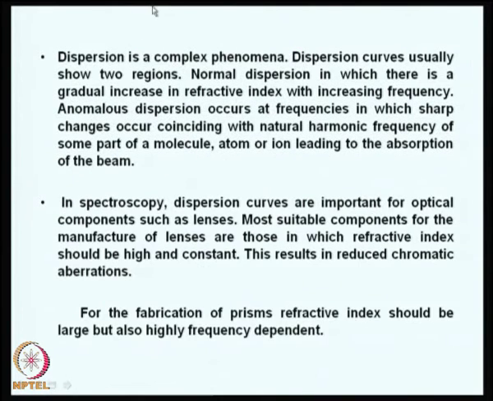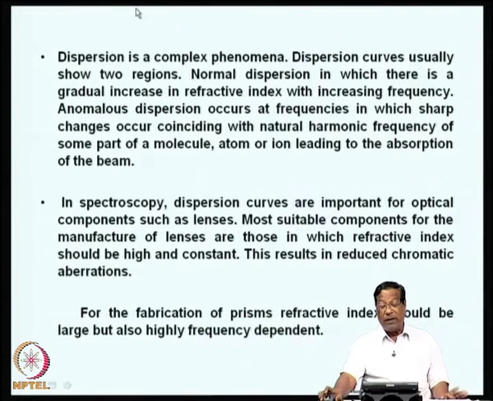And what is this dispersion? Dispersion is basically a very complex phenomenon. Dispersion curves usually show two regions. One is normal dispersion, in which there is a gradual increase in the refractive index with increasing frequency.